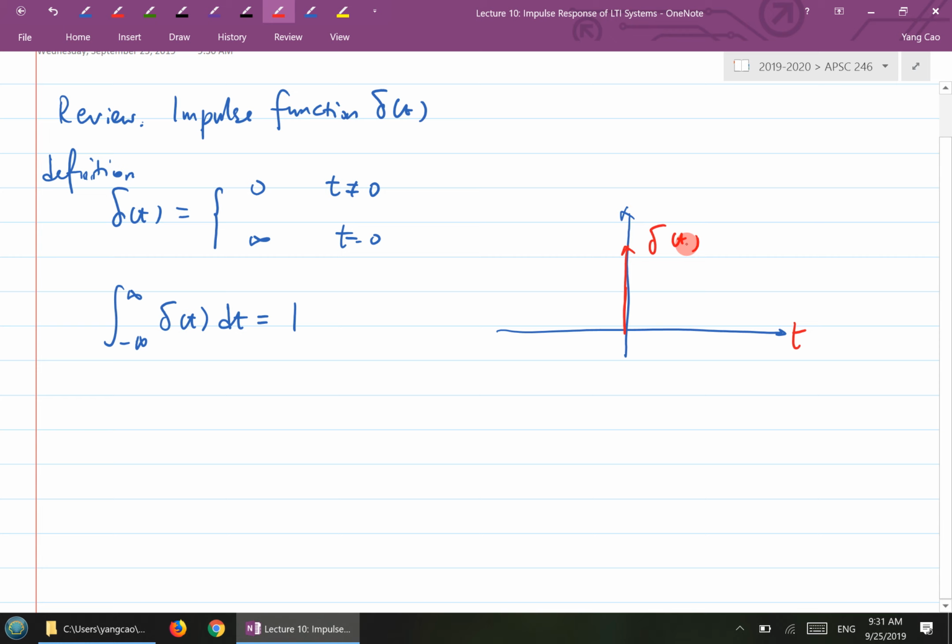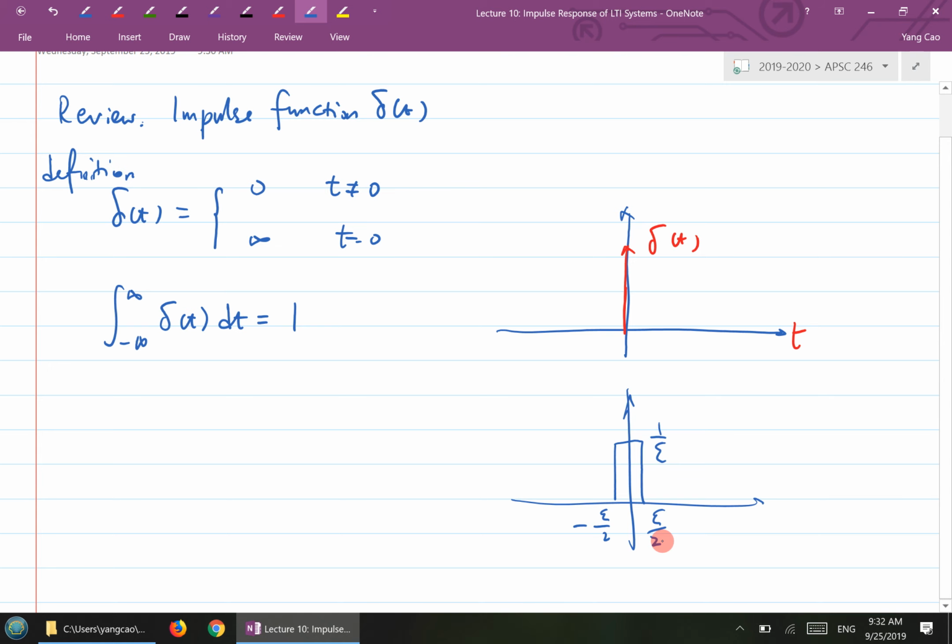But as a question asked at the end of the previous lecture, to help you understand delta t, it might actually be helpful to understand delta t instead of just a straight arrow. You actually try to understand it as we did in the previous lecture. Basically, try to understand it as a symmetric rectangle with a unit area 1.